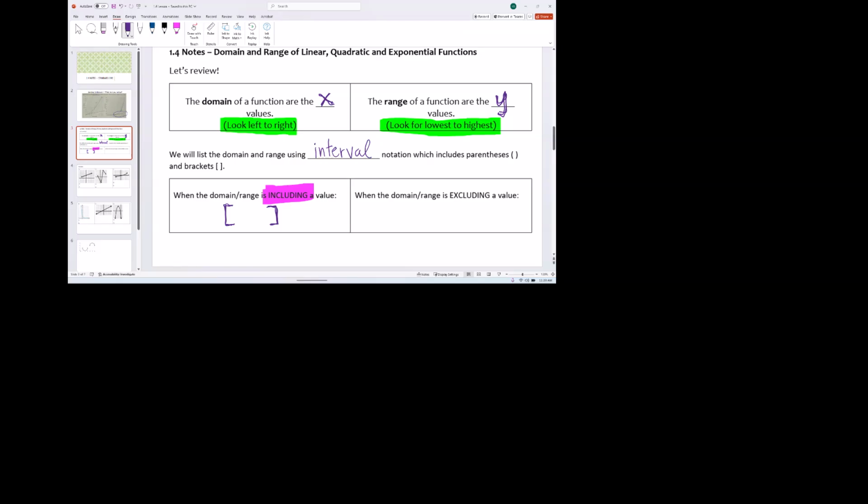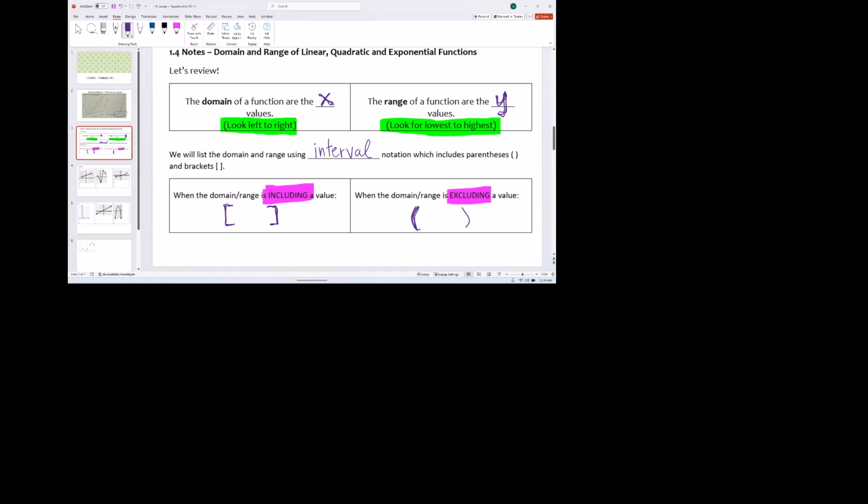So if it includes a point, like if it touches or crosses a point on a graph, it's going to include it, which means it's going to have a bracket. When it's excluding it, it means it's not going to touch or cross, or maybe on the graph, maybe there's an open circle on the graph, which I'm going to show you one in just a little bit.